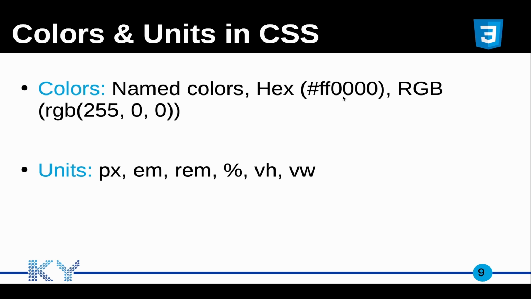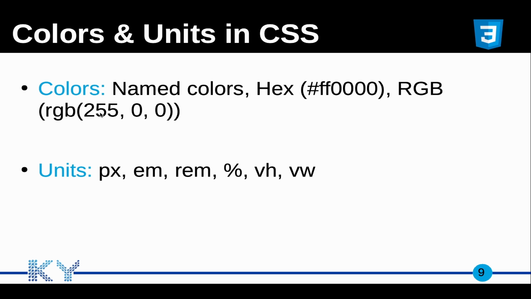Then after the hexadecimal color system, we also have the RGB color system. The RGB color system is a combination of red, green, and blue to get different shades of other colors.